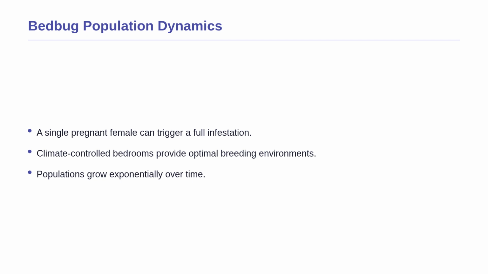Inside a climate-controlled bedroom with sleeping humans, they have an abundant food source and a perfectly safe environment. Under these optimal conditions, their population does not just grow steadily, it grows exponentially. This explosive growth is exactly why early detection is critical and why exterminators rely on mathematical models to predict the severity of an infestation.